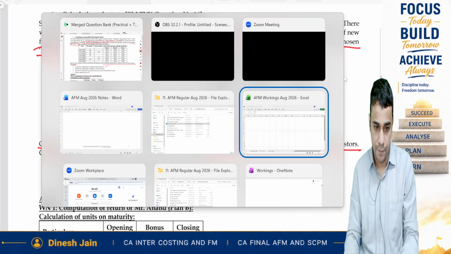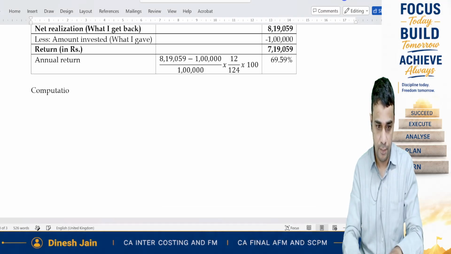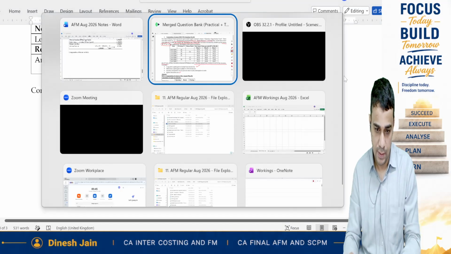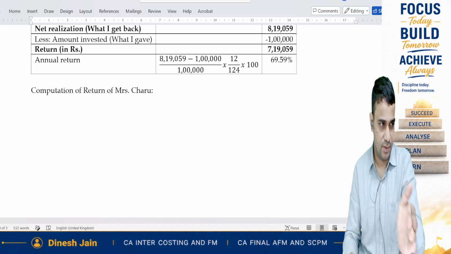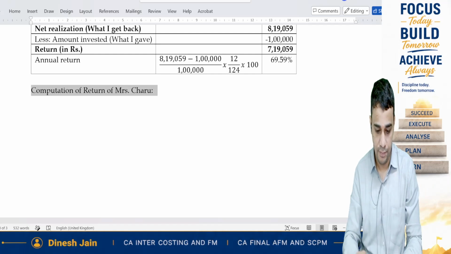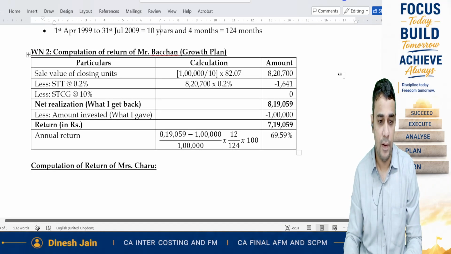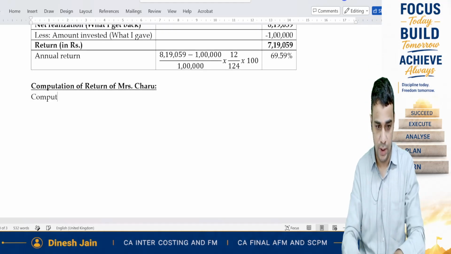Computation of return of Mrs. Charu. Computation of closing units.